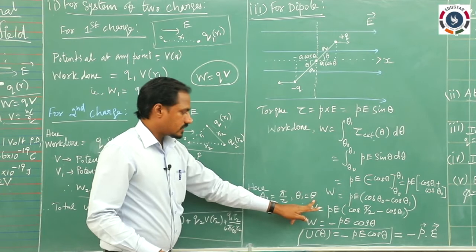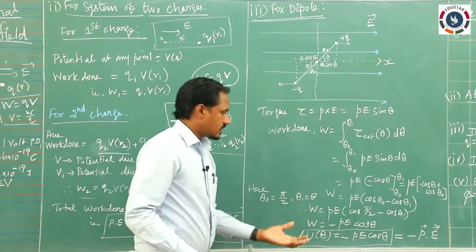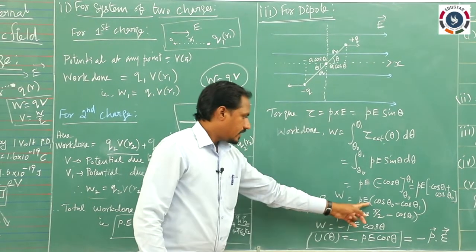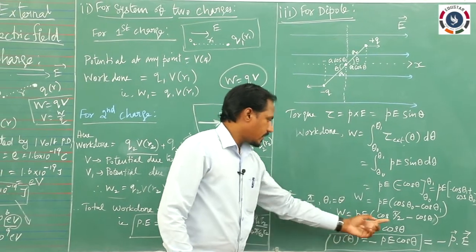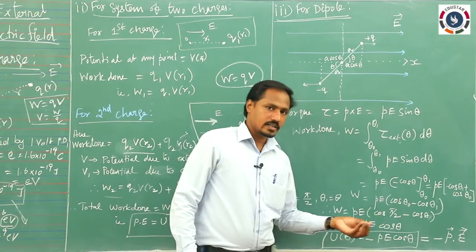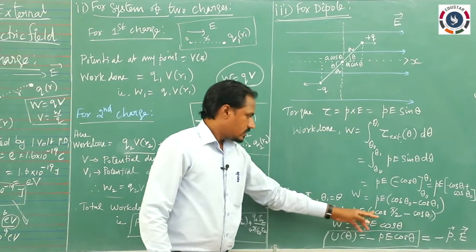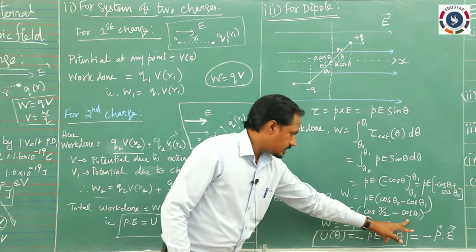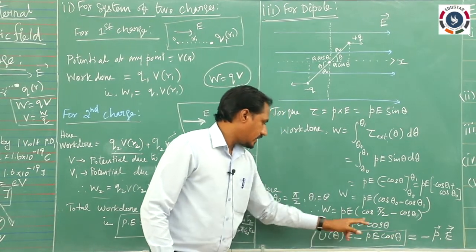So theta 1 equal to theta. Applying these limits, we can write PE into cos theta naught equal to pi by 2 minus cos theta. We know cos pi by 2, cos 90 degrees, equal to 0. So this will vanish and only this will remain: minus PE cos theta.